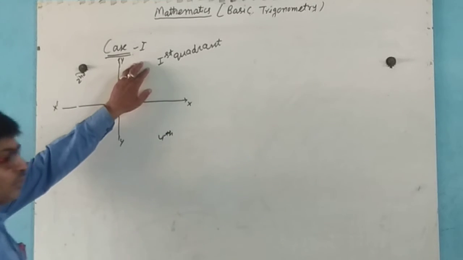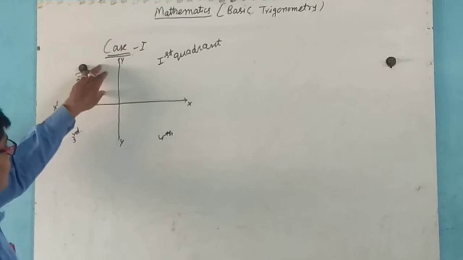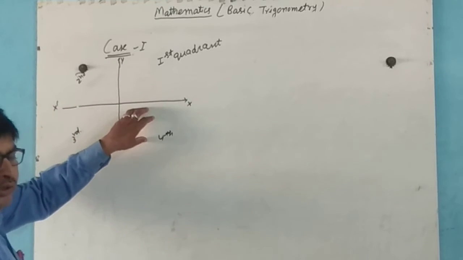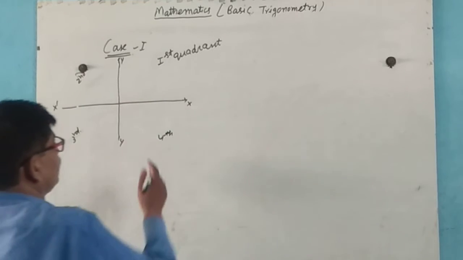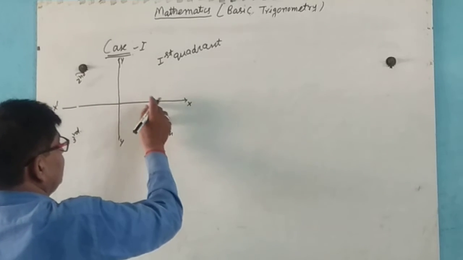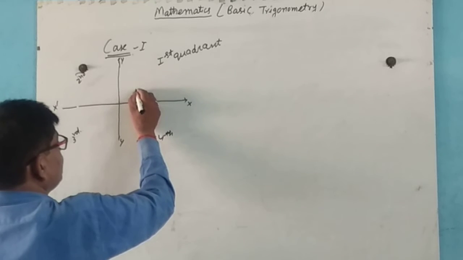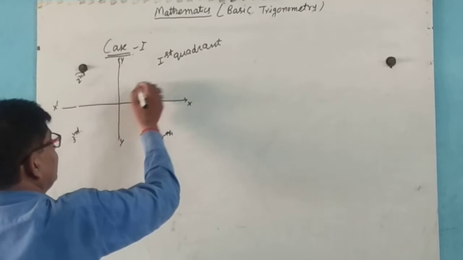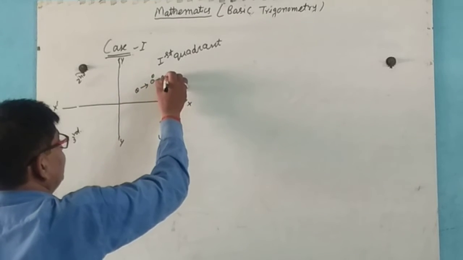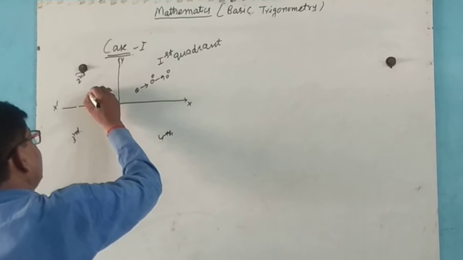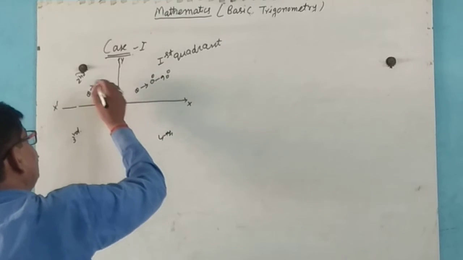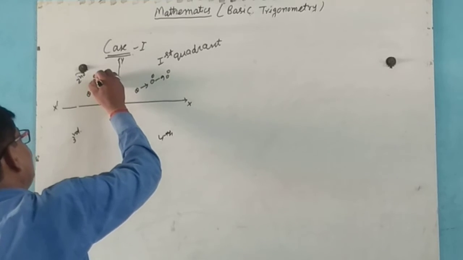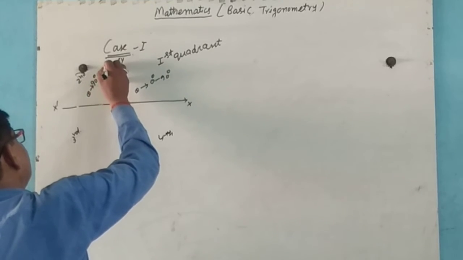This is known as first quadrant, this second quadrant, this third quadrant, this fourth quadrant. It means that here theta is 0 degree to 90 degree. In this case, theta is 90 degree to 180 degree.